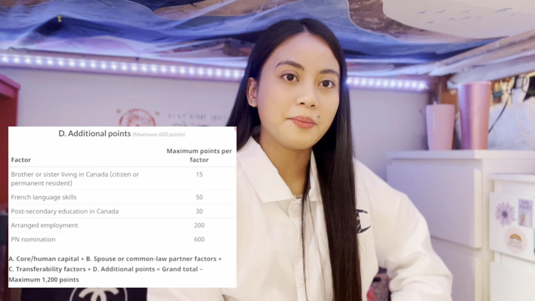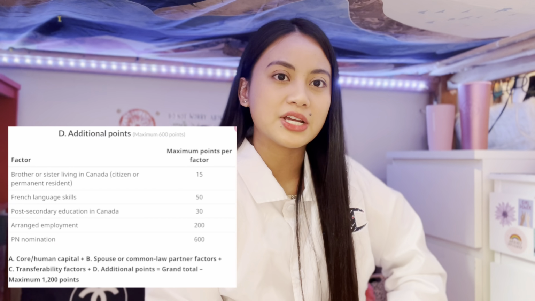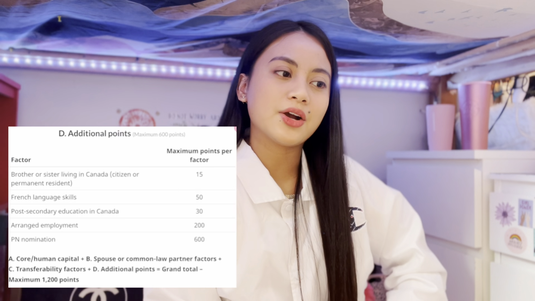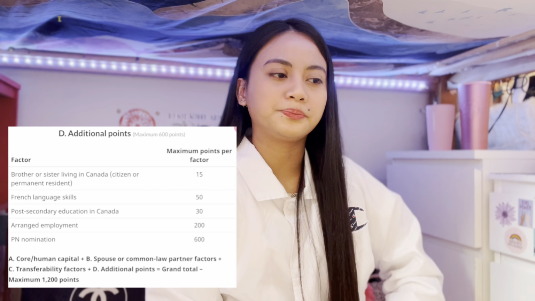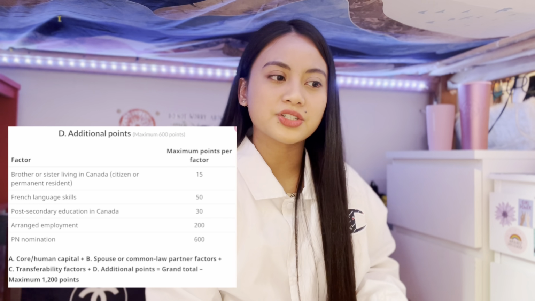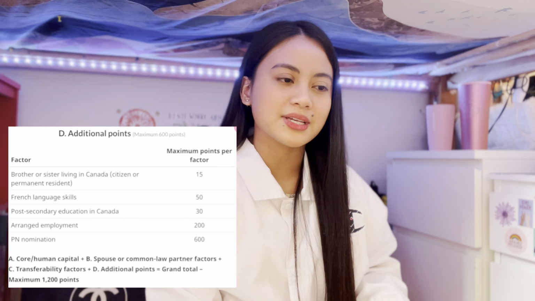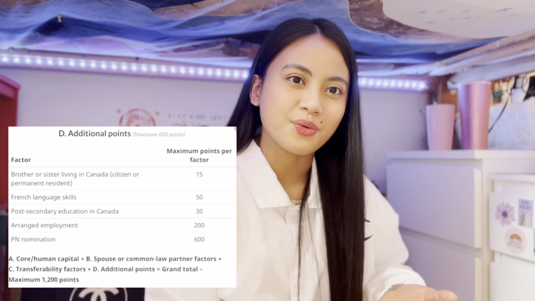And the PN nomination, which is 600. Provinces give nominations to those people who they see are committed to the province. So if we add core or human capital, spouse or common law partner factors, transferability factors, and additional points, you'll have a grand total of 1,200 points.